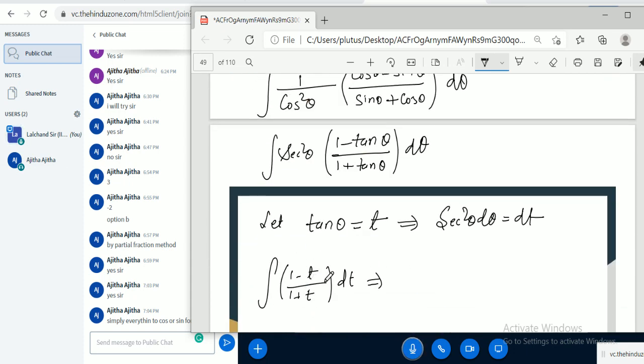So can you integrate this expression? Can you integrate this equation?